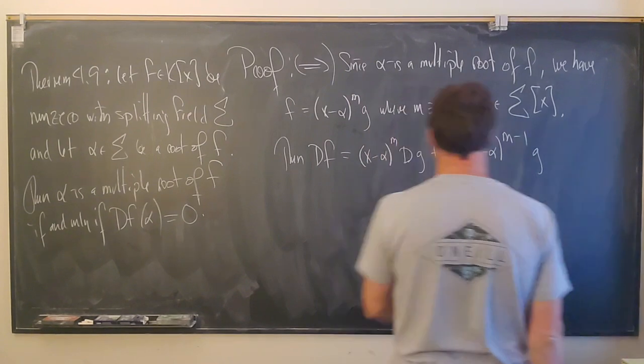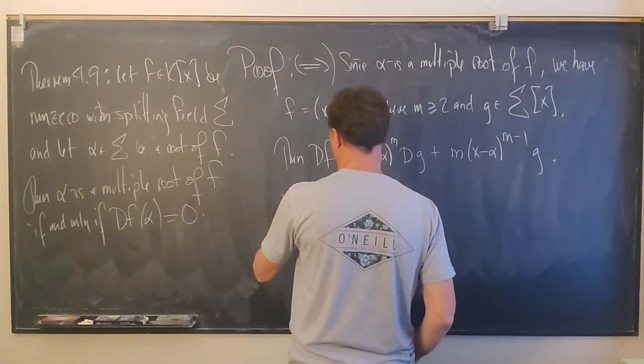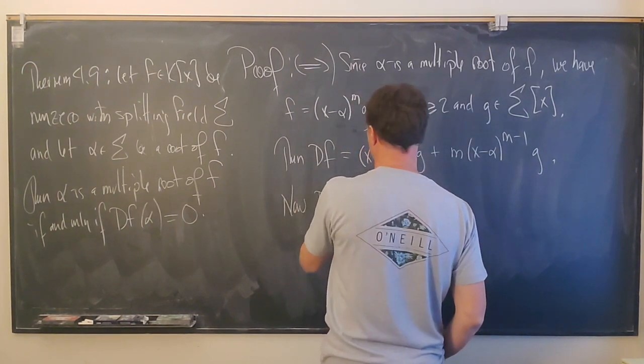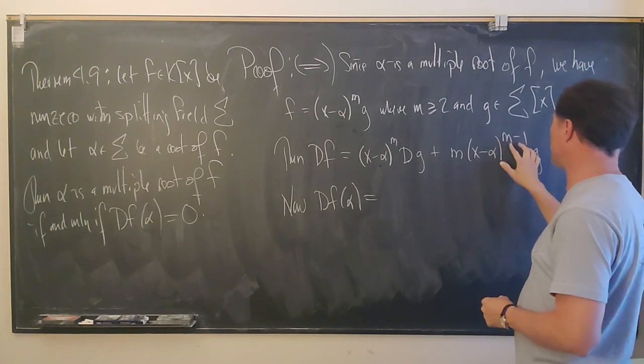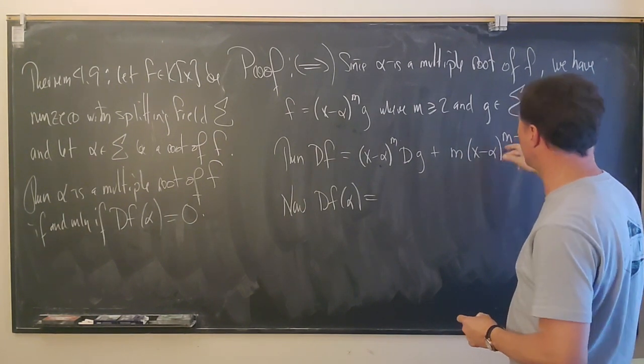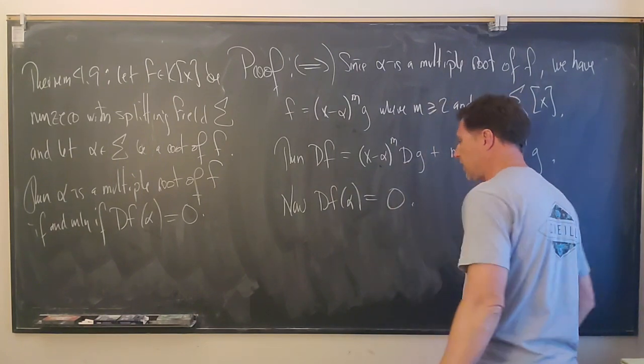Now let's plug alpha in. So df of alpha equals, I plug alpha in here, I get 0. Because I know that m is greater than or equal to 2, this exponent is at least 1, which means that we get 0 here also. So that's equal to 0, and that's what we need.